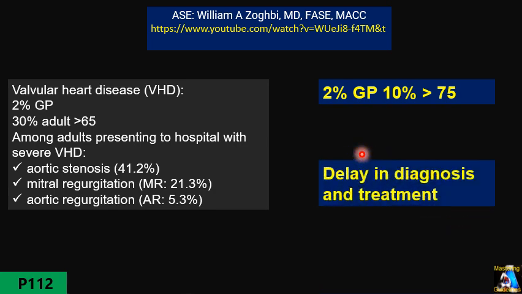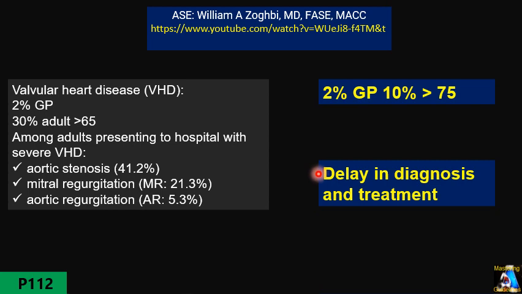What is the importance of the diagnosis of mitral valve regurgitation and especially grading? The most important part for MR is detecting severe regurgitation at an early stage, because at that moment, if we treat, we can prevent many complications.